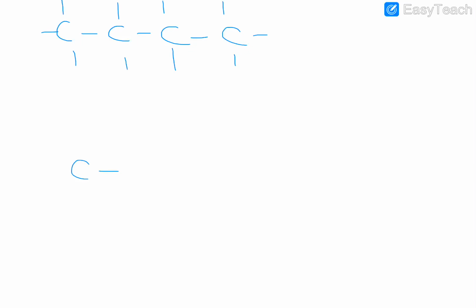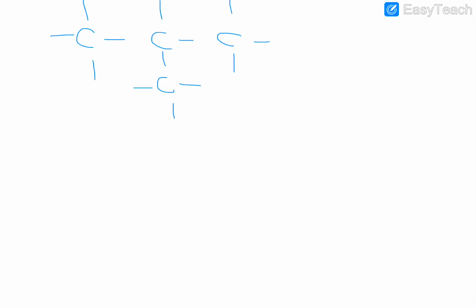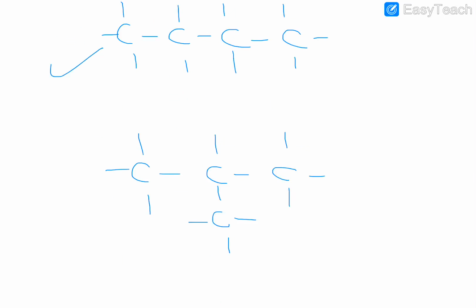Then let's try 3. 1, 2, 3. So because there's 4 carbon, I need to include 1. So I'm including 1 at the bottom. Okay, and then let's try for 2 carbons. But if I draw something like this, it is the same as this one.